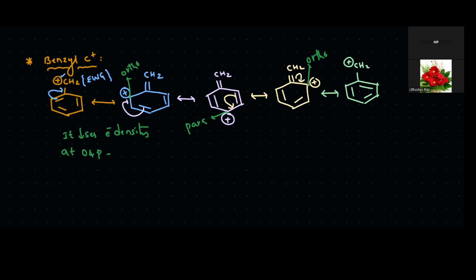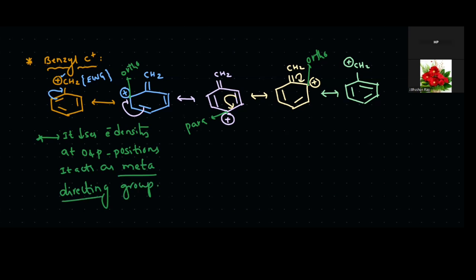Okay, this point is also important. It acts as a meta-directing group. Why does this one act as a meta-directing group? Because it decreases the electron density at ortho and para positions. So that's why this group acts as a meta-directing group. So these are the conditions.